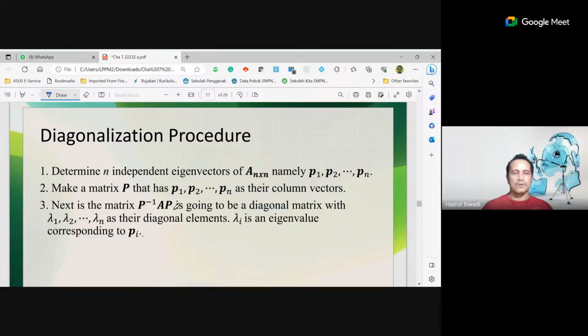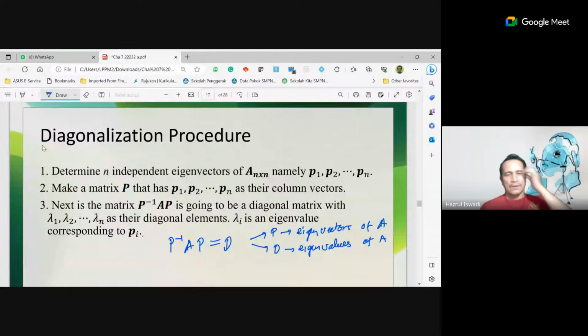So the diagonalization problem: we get that P inverse A times P is equal to D, where P comes from the eigenvectors and D from the eigenvalues of A. So this is related to our previous problem, finding the eigenvectors and eigenvalues.